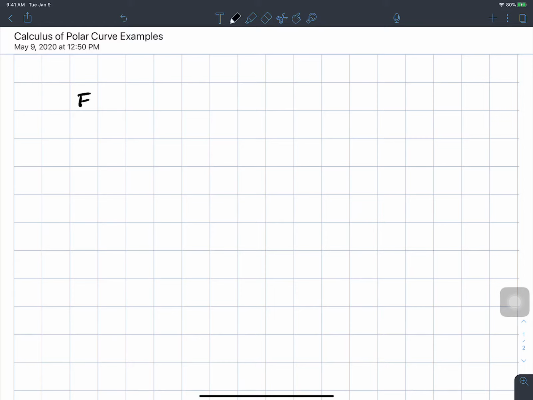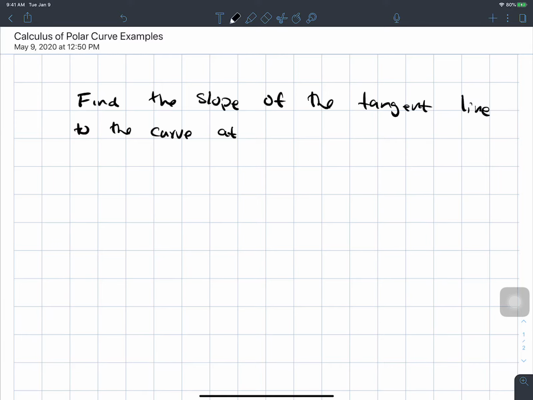So we're going to find the slope of the tangent line to the curve at the indicated, I'm not going to say point, I could say parameter, but your book says at the indicated point specified by the value of theta.